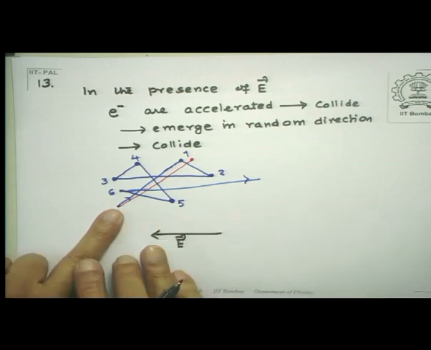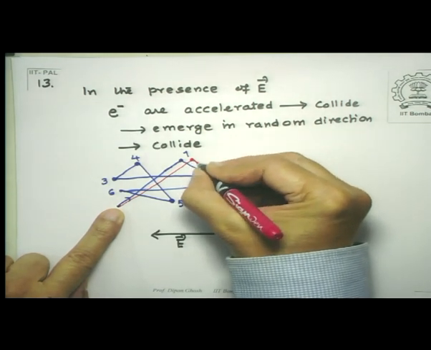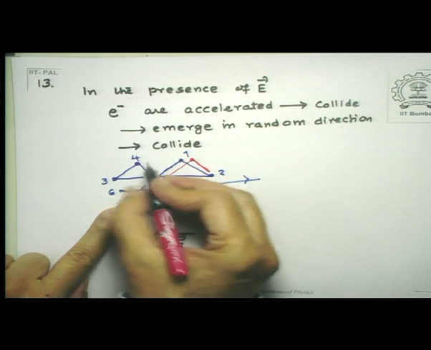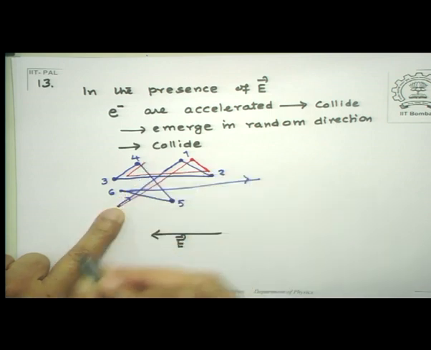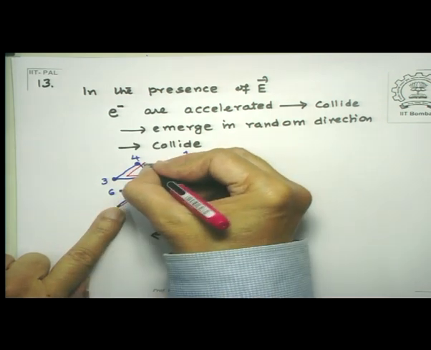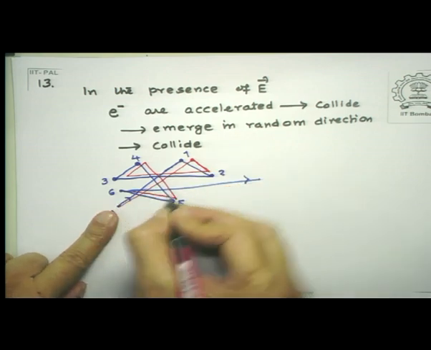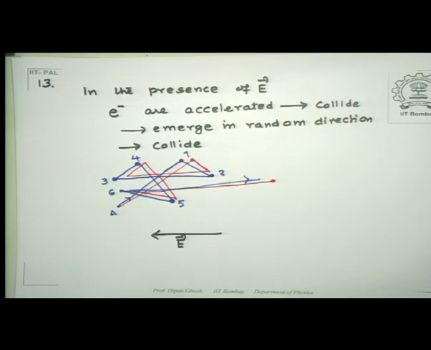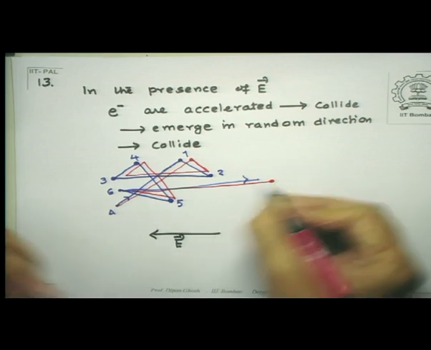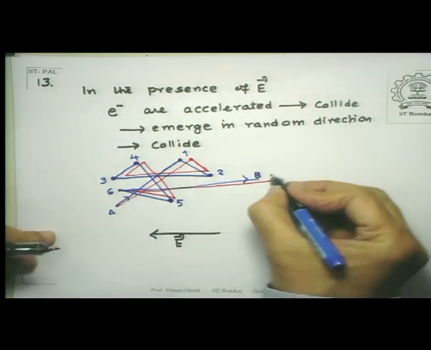What is going to happen as a result is that this path is slightly shifted towards the negative E direction because of the acceleration. Then it undergoes a collision there, comes to the second atom, and then goes like that. So it will be roughly similar but slightly different. Notice that instead of arriving at this point, which I call B, the original point where it arrived in the absence of an electric field, it is going to arrive at B prime.